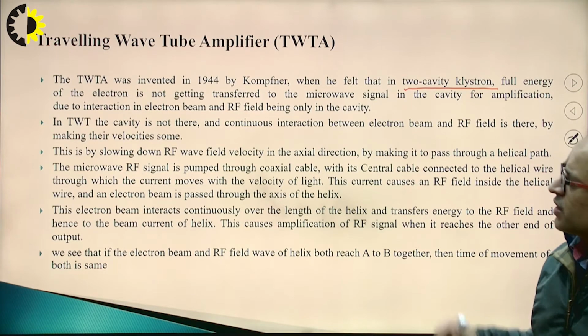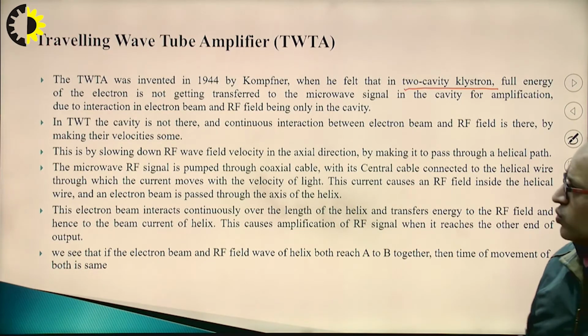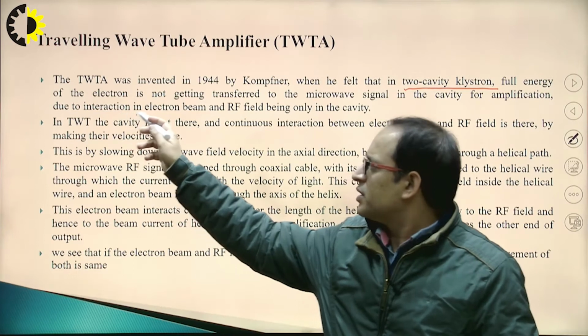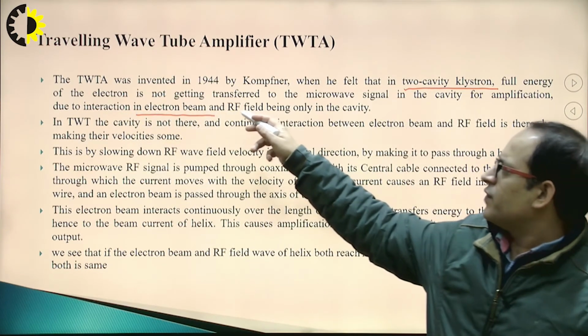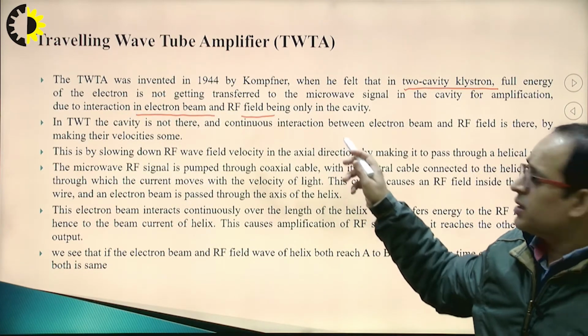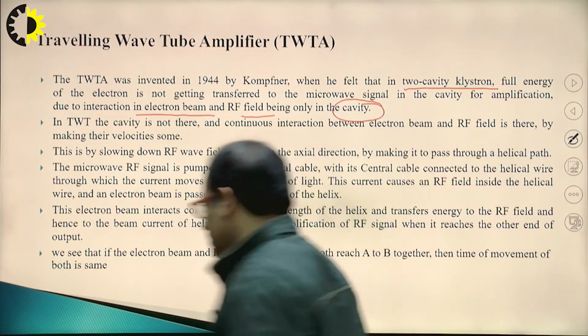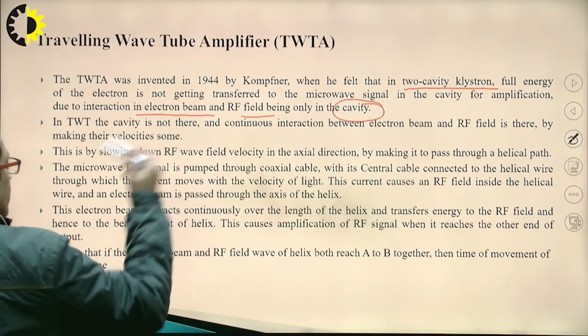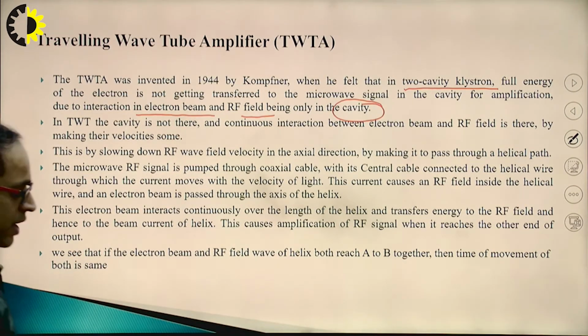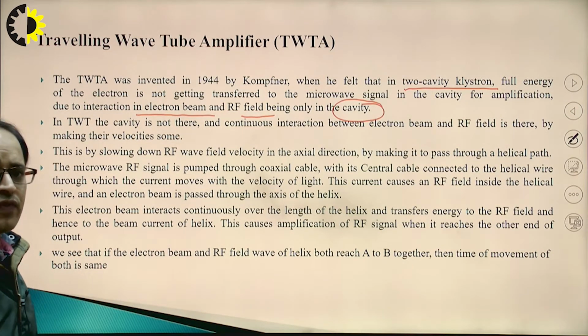For amplification, due to the less interaction of the electron beam and the RF field, the interaction is only done in the cavity. So TWT was invented by Kompfner to have maximum interaction of the electron beam and the RF field.